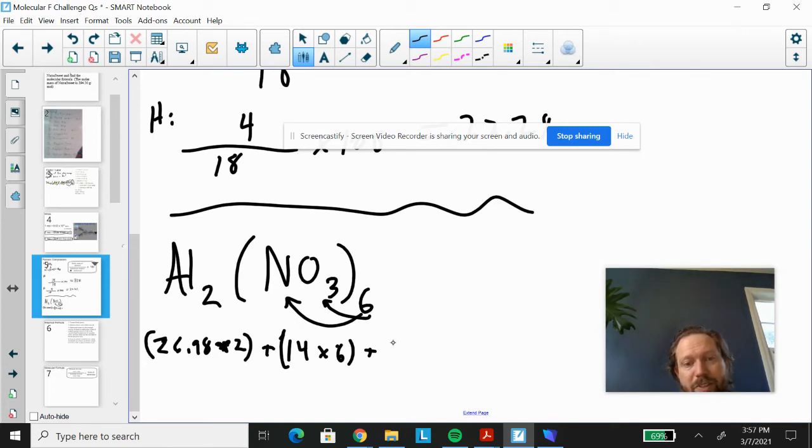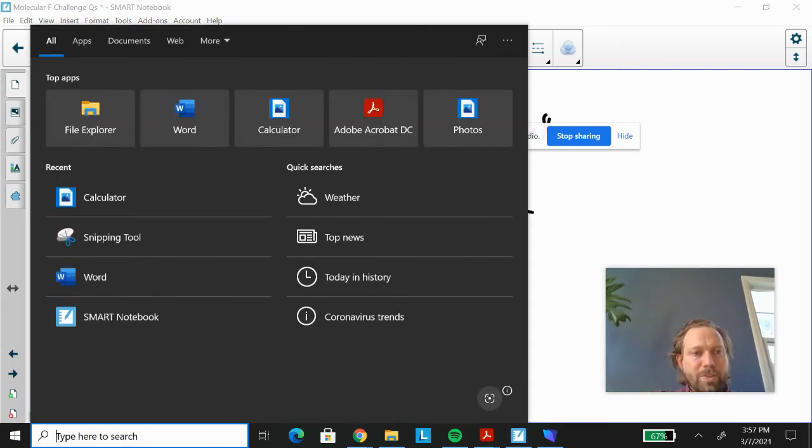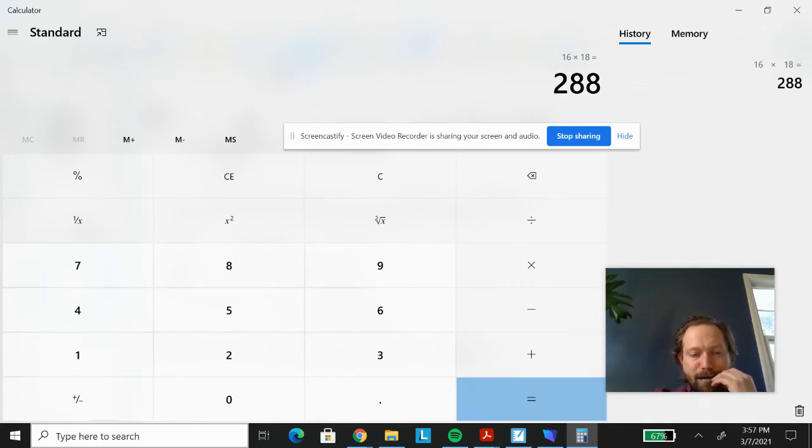And each one of those is 16. So 16 times 18. We're going to set that equal to 288.